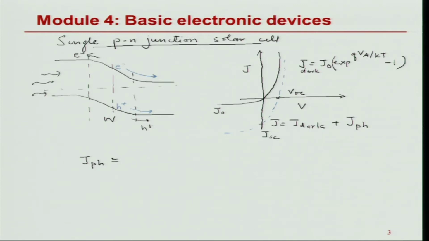J due to the light is basically all the electron hole pairs that I have generated by the light, and it can be generated anywhere. I can generate it in this area, I can generate it in this area. And how does that decide how many are generated?